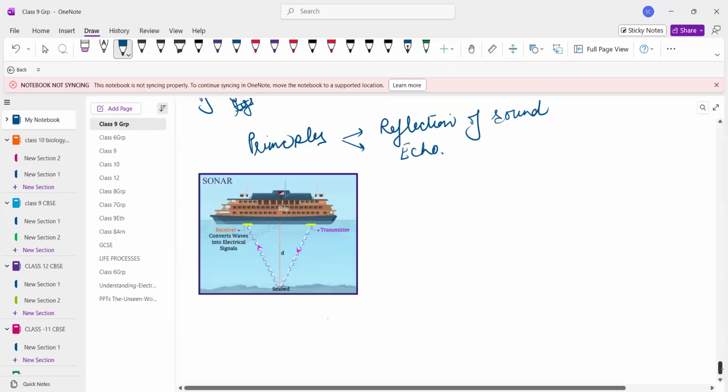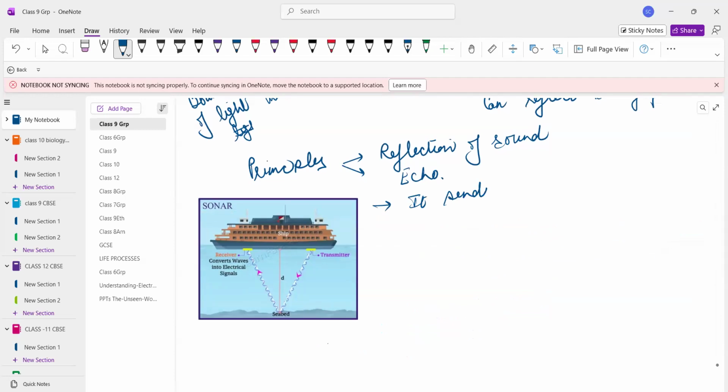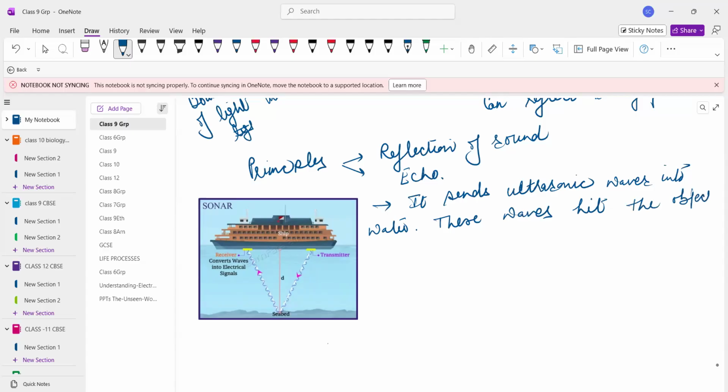So what this is doing: it sends ultrasonic waves into water. Now these waves hit the object or the bottom, and they return as an echo.